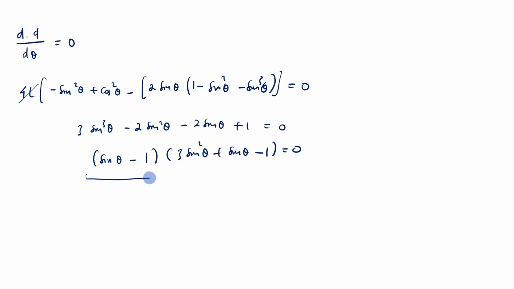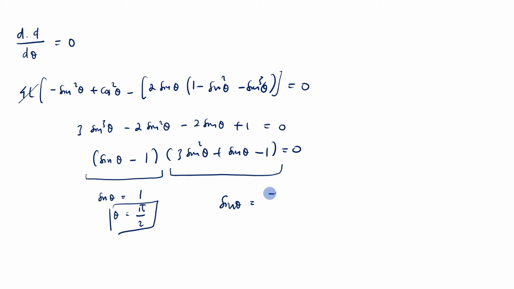Of course, this term gives sine theta equals 1, so theta is a half of pi. This is the minimum value of d, of course. Fortunately, the remaining quadratic yields a positive root: sine theta is minus b plus or minus square root of b squared minus 4ac divided by 2a.